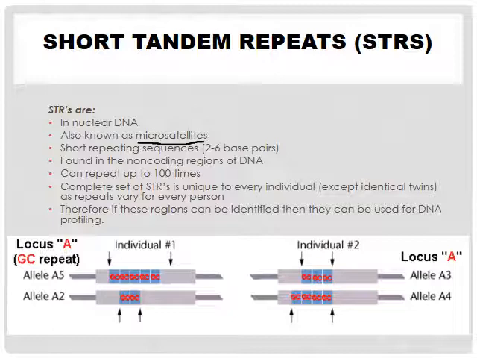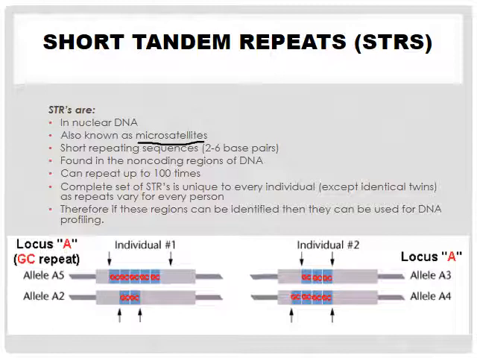The complete set of STRs is unique to every individual except for identical twins. So if we're looking at 9 different STR locuses, some people could be the same at some of those locuses, but no person other than identical twins has the exact same sequences at all of those 9 different STR locuses.